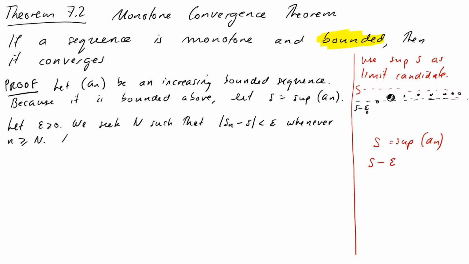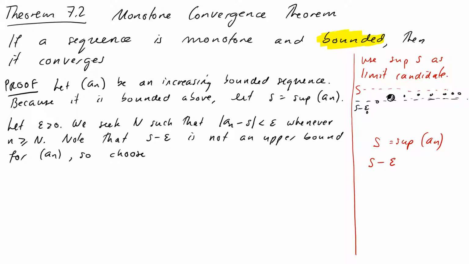Note that S minus epsilon is not an upper bound. And again, I'm mixing up my terminology. That should be a_n in here. For a_n, so choose N. Remember, every time I say choose, it means some property of something has meant such an N exists.